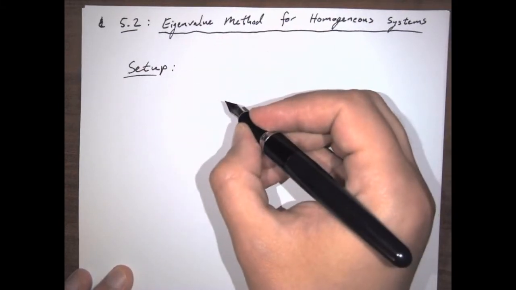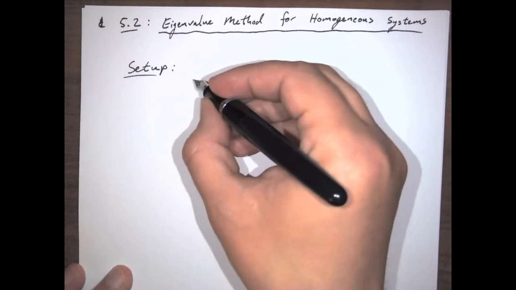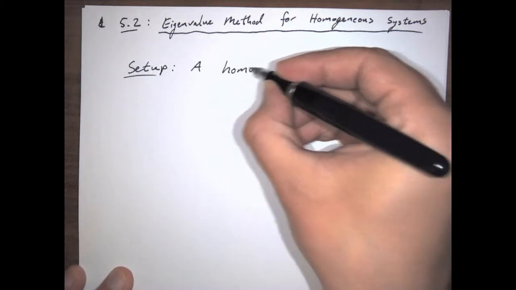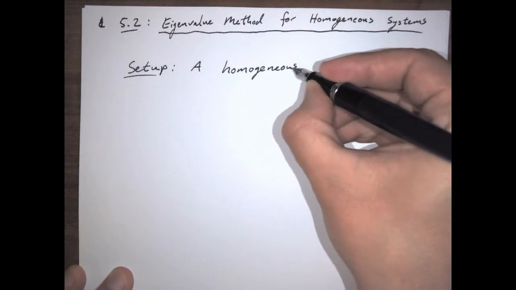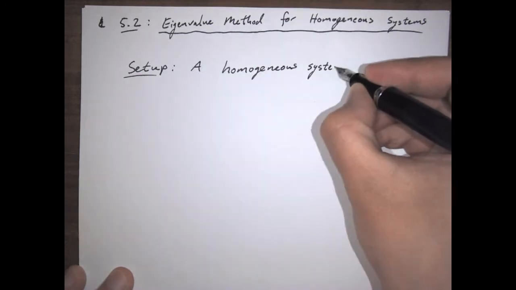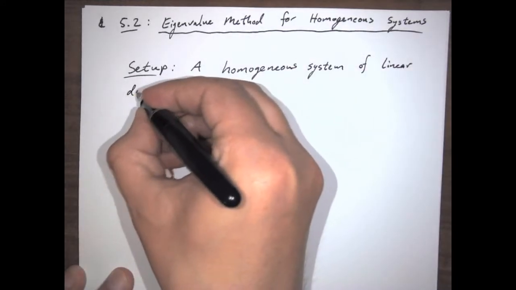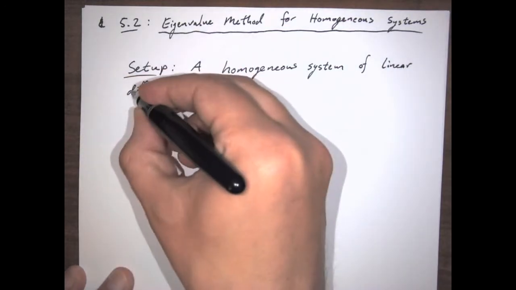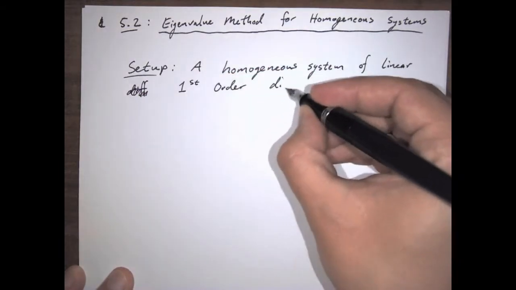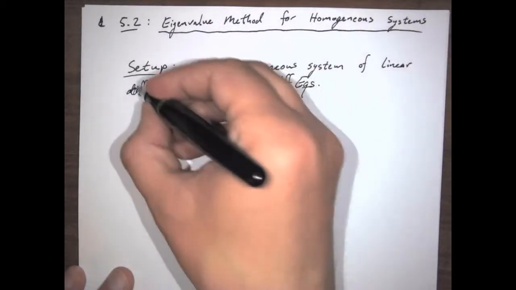A homogeneous system of linear first-order differential equations is a system with no constant term.